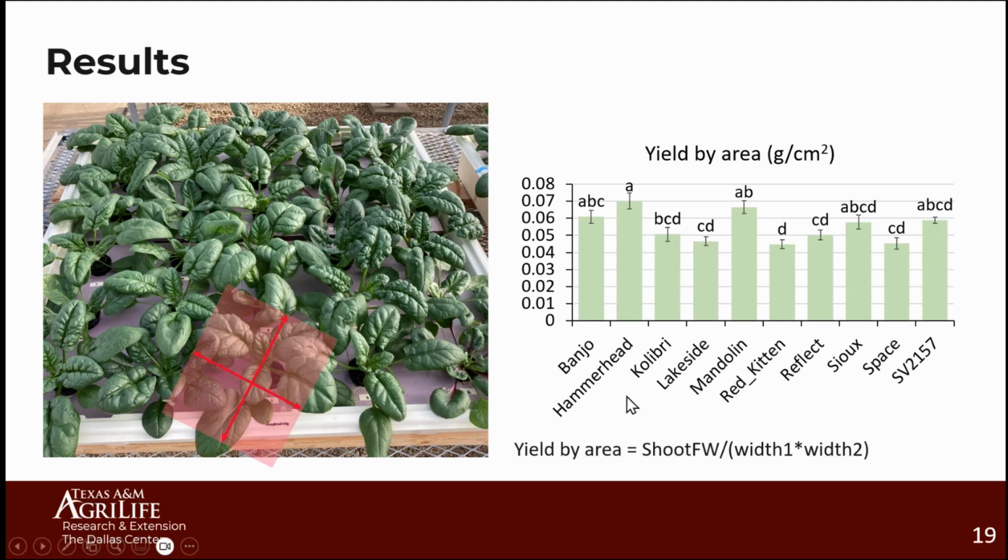So for this parameter, we found that hammerhead, this cultivar, resulted in the highest yield by area. This is desired, as we mentioned, we desire our plants to grow vertically instead of horizontally because we have limited space in the hydroponic systems.